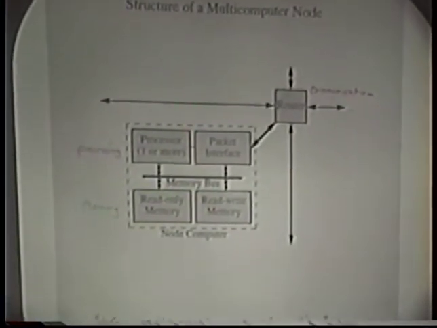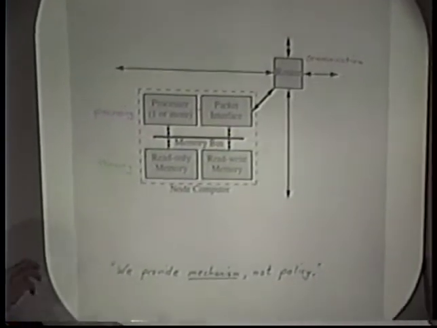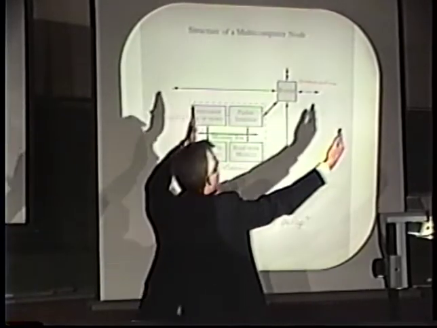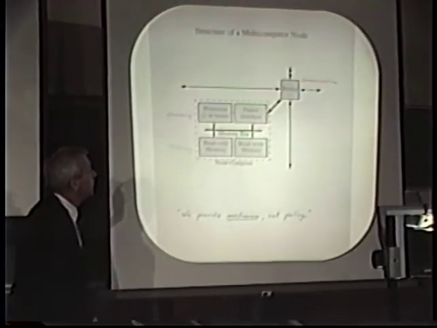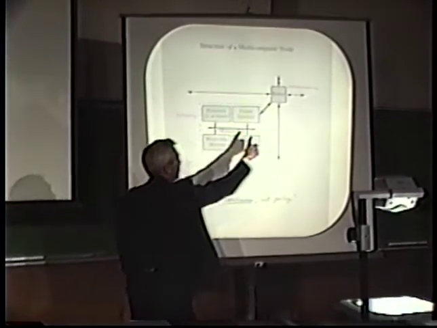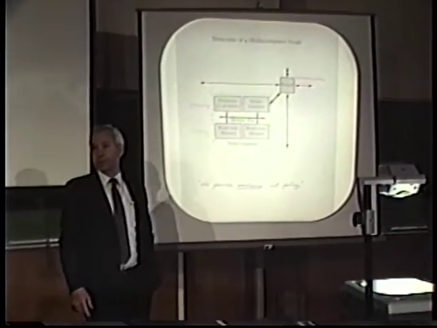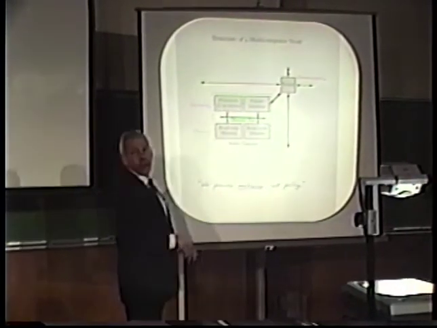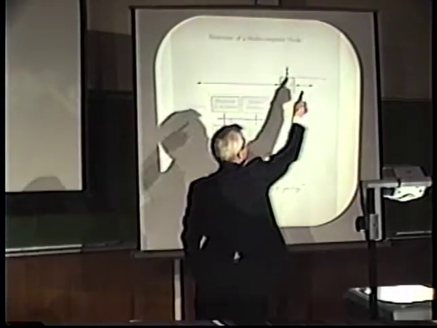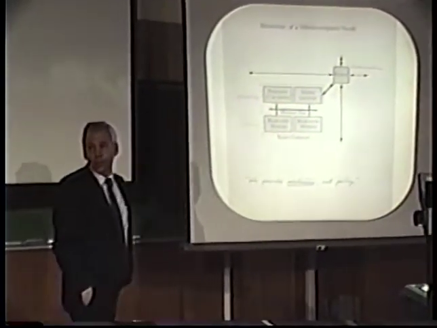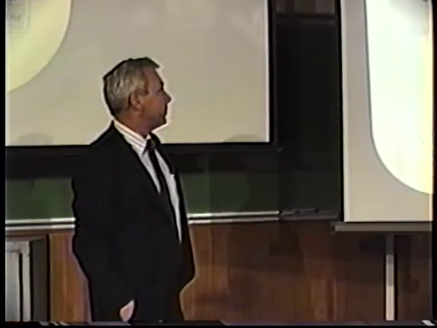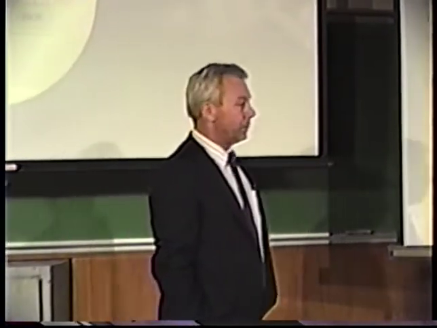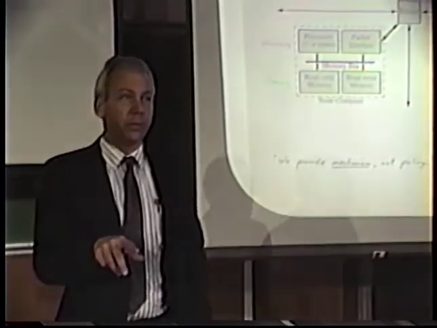If you look at a multicomputer node together with its part of the routing network, this is what we might put on a chip or on a circuit board, you'll see that there's one part that is about the best memory we know how to build, another part which could be implemented as sort of the best processing we know how to build, and another part that is the best communication we know how to build. And all matters of policy are in the software. So we like to use the phrase, we provide mechanism, not policy.